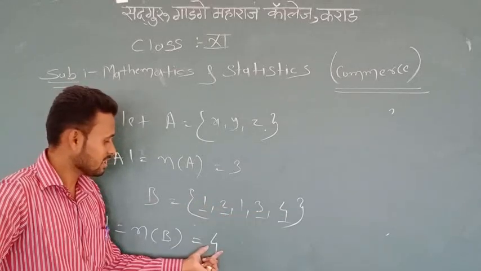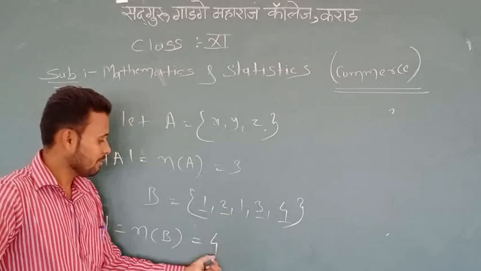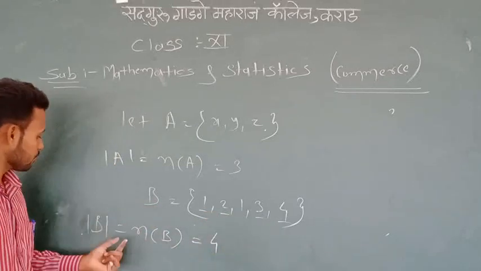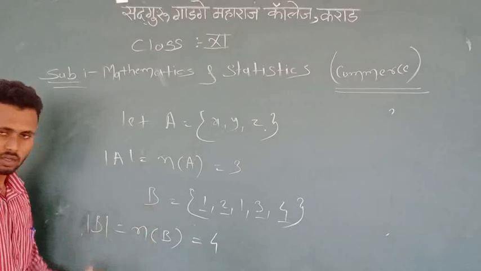Therefore the number of elements in that set is 4. The number of elements of set B is 4, or the cardinality of the set is 4.